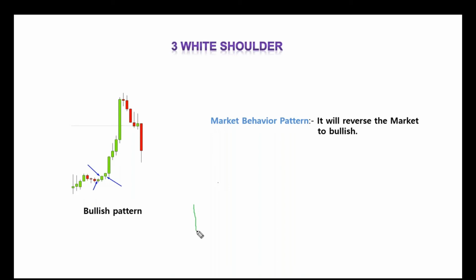So the first candle has closed, then the second one should open and close above the previous one, and the third one should open and close above the previous one. It will be called three white soldiers. And this pattern has high volatility trend entry conditions.